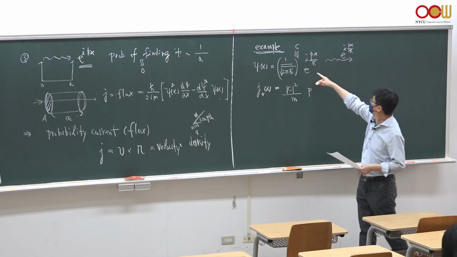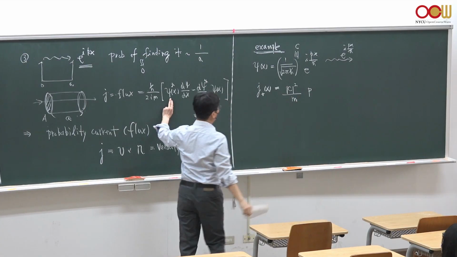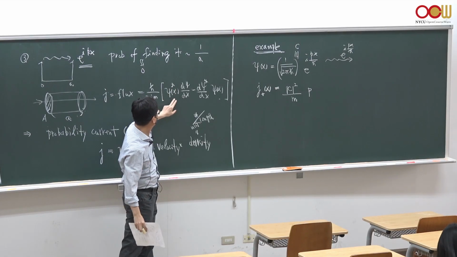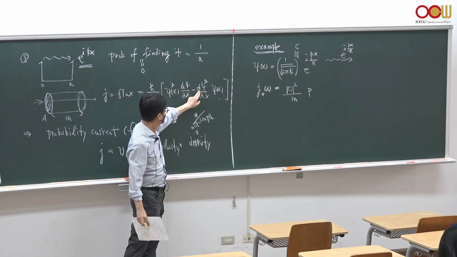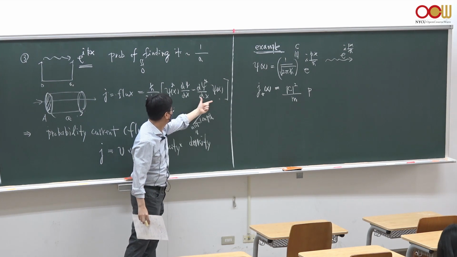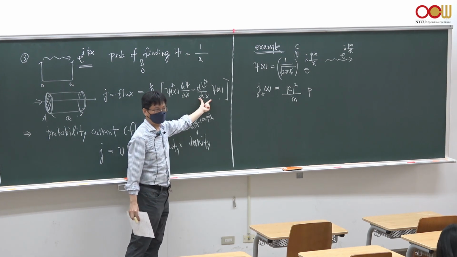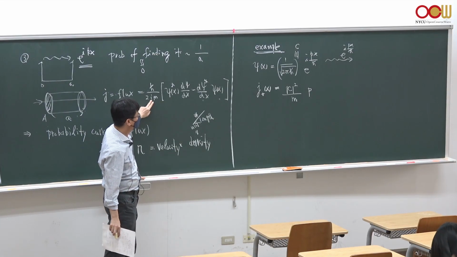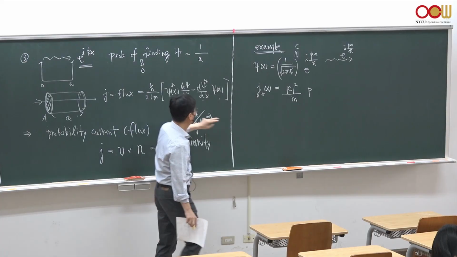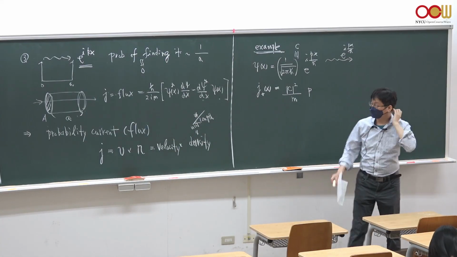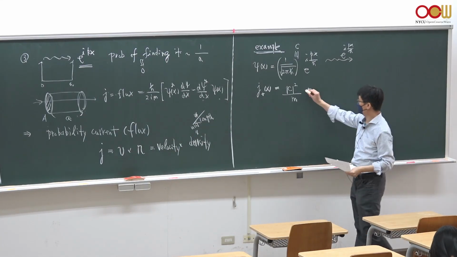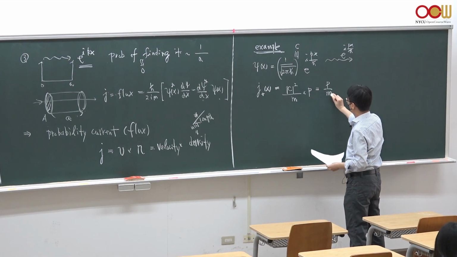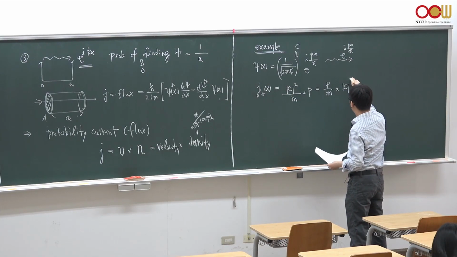If you simply take the differentiation of psi with respect to x and also psi star with respect to x, then you subtract this from that term and divide it by 2im, you immediately get C squared divided by m times p. This is simply p over m times C squared.